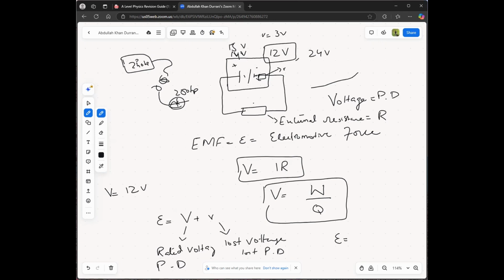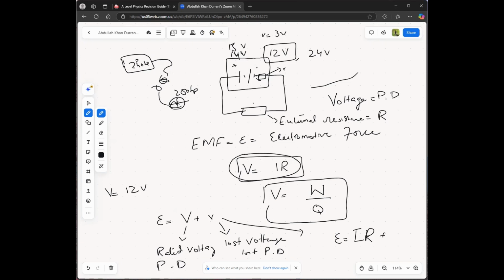So if you know this formula, V equals IR, I can replace this V by IR because the current would be the same. In a series circuit, the current remains the same. So I can just write I, and the resistance of the bigger external resistance is R, which I wrote here, plus the lost voltage.